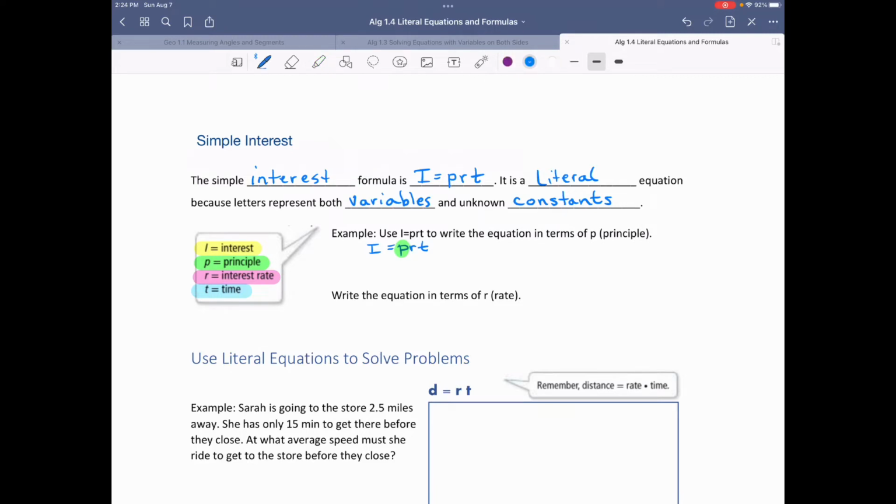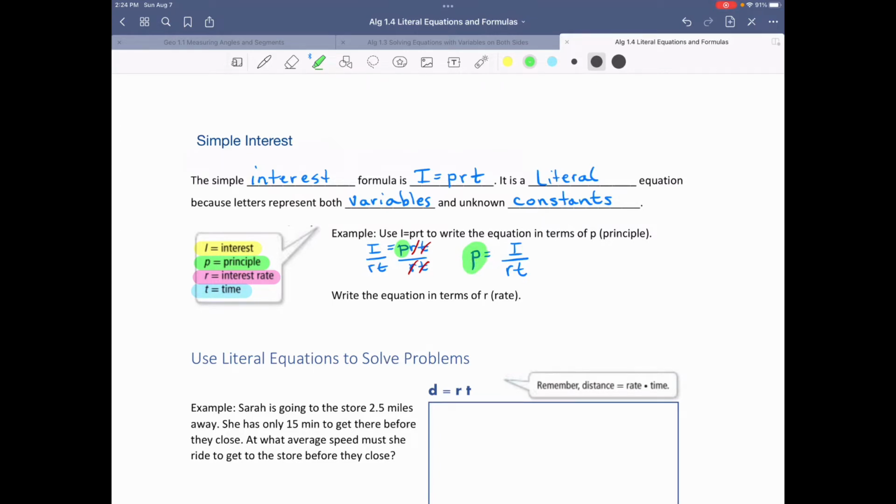So we're going to divide by the R and the T. R and T is being multiplied by the P, so we want to undo that. And when we do that, the R's and T's cancel out, leaving the P all alone or isolated. P equals I divided by RT. Principal equals interest divided by rate times time. That's how we solve for P.